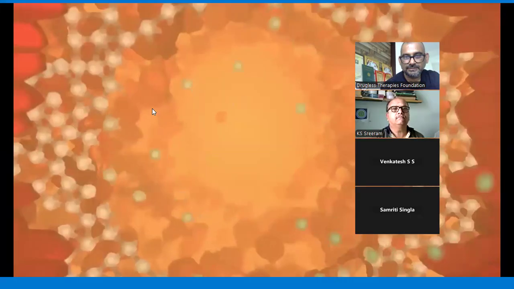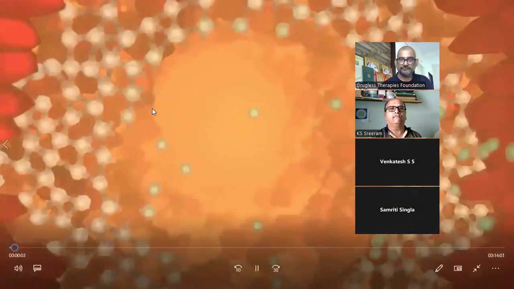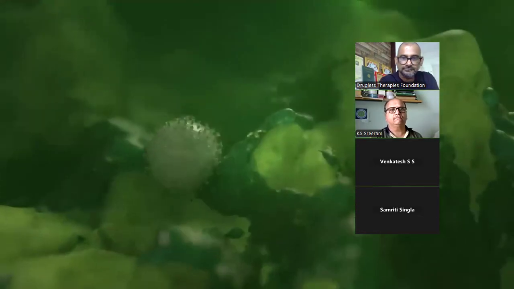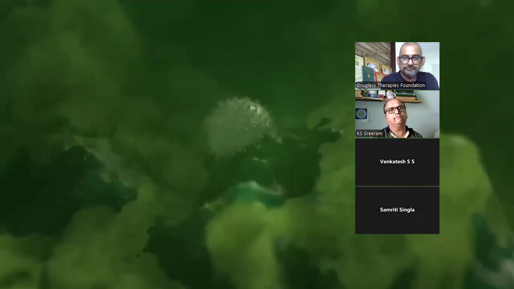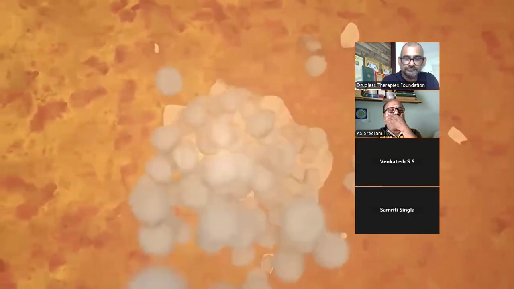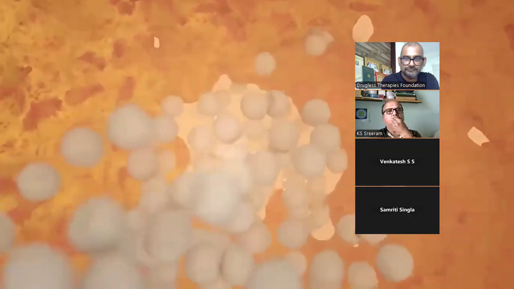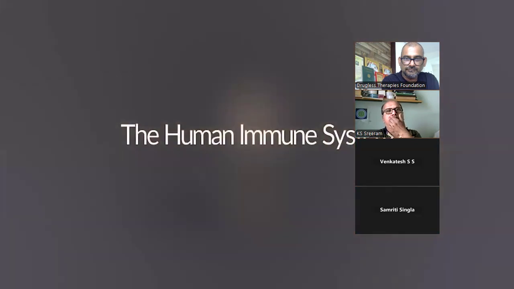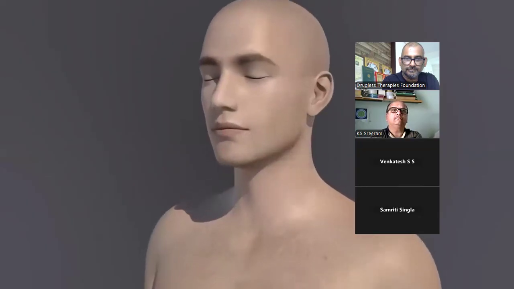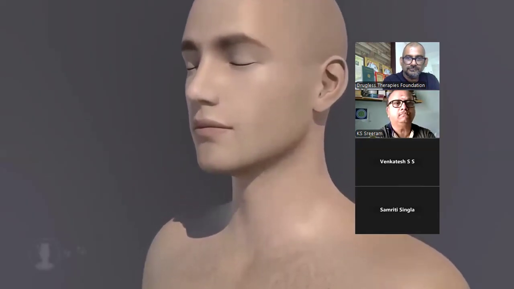In this animation, we want to show the human immune system with images never seen before. We will learn how macrophages as well as other cells and mechanisms protect our organism from death every day. Our skin, like the bark of a tree, represents valuable protection.